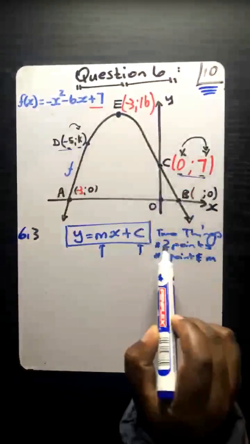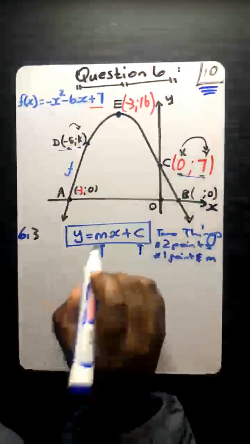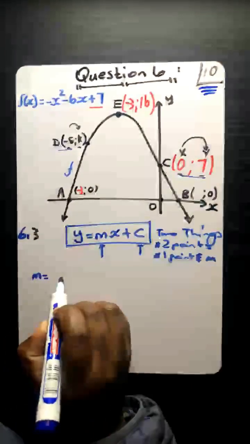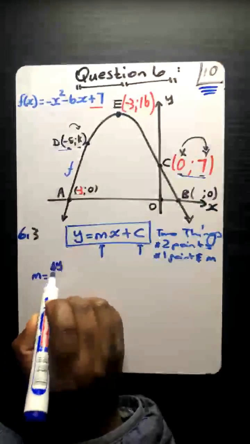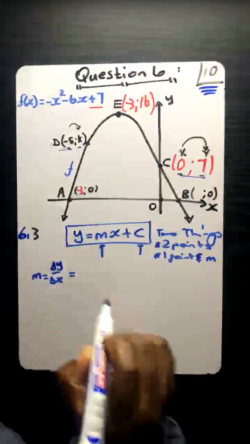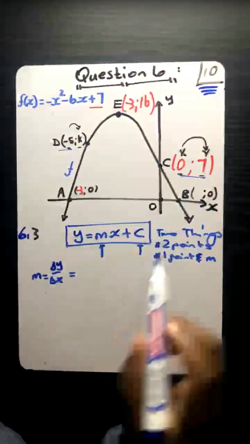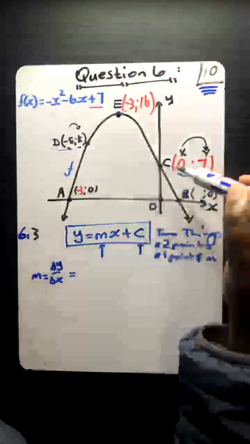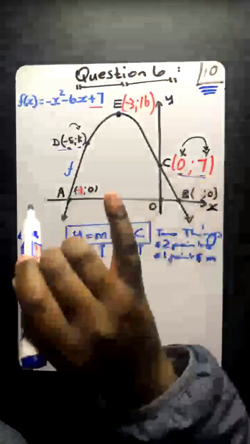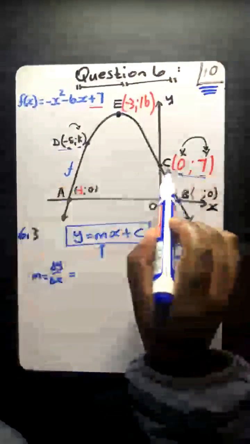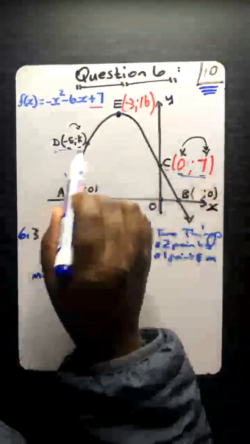We can firstly calculate M, and M we know is change in Y over change in X, grade 10. I won't go deep on that. So let's see between C and D. Okay, C comes first, D second. So that means these are going to be my X2, Y2, X1, Y1.